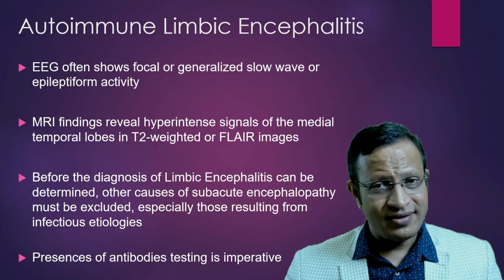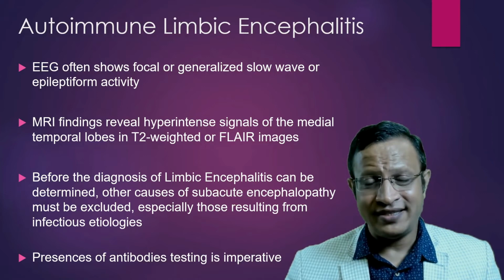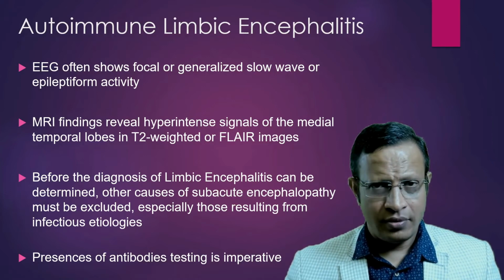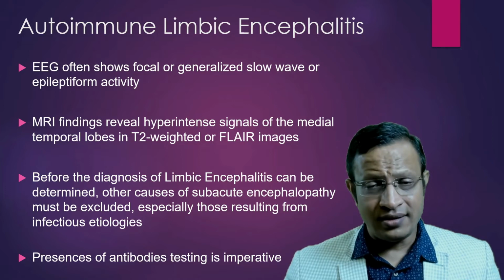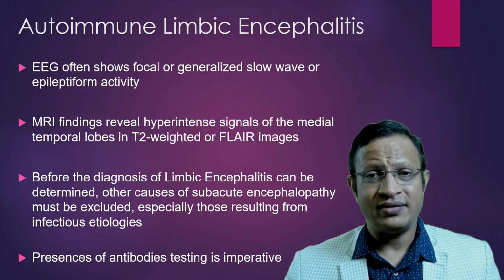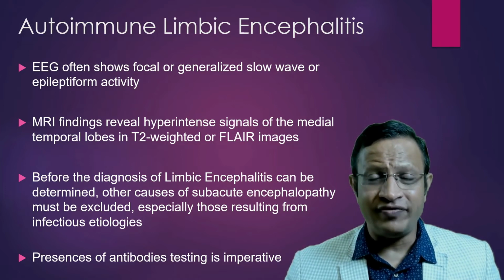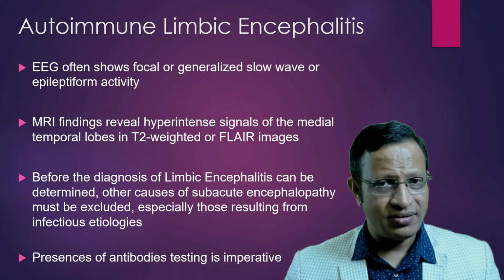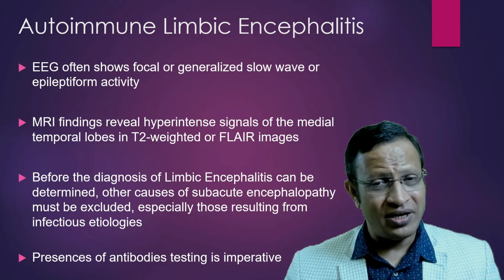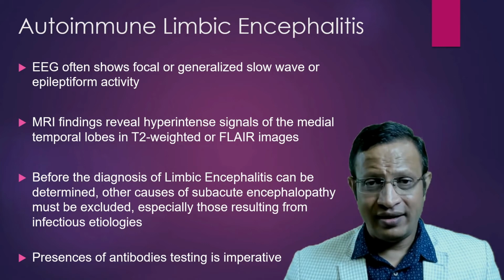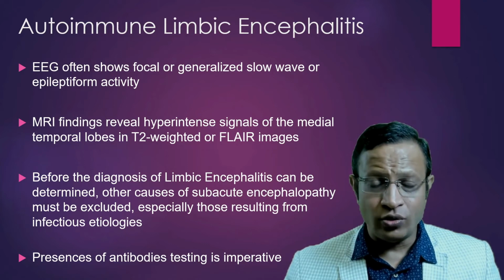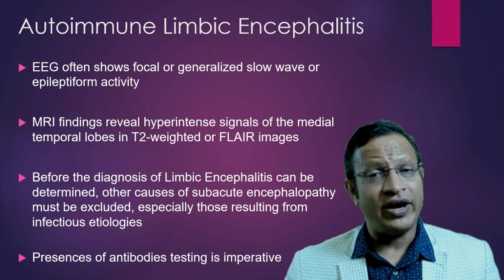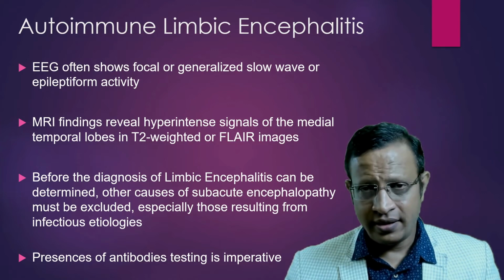Presence of antibodies either in the serum or CSF is not imperative. Why is this so? There are certain limbic encephalitis cases where, at this point of time, we have not identified the autoantibodies. As I mentioned earlier, in some limbic encephalitis we have identified those antibodies. If we are able to find those autoantibodies, excellent.